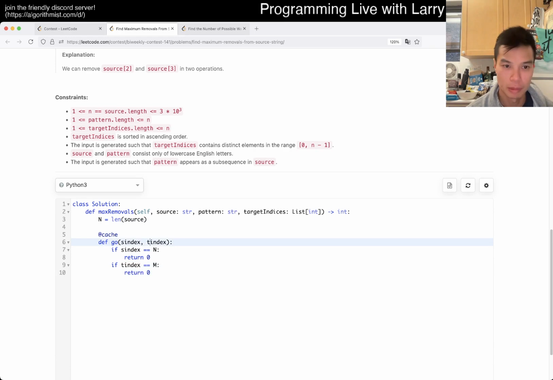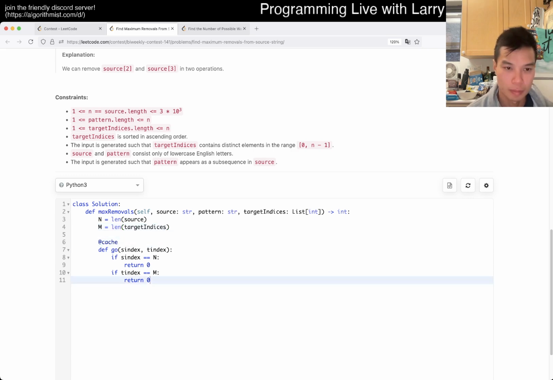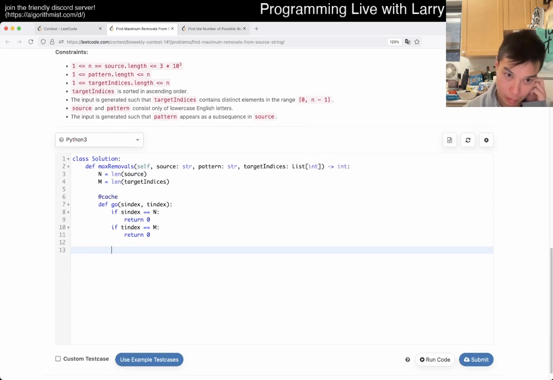Also 0, I suppose. And then, okay, so then it's take, no take, right? So what am I doing? Okay, so the invariant is that we're here because we can't do the rest of the pattern.